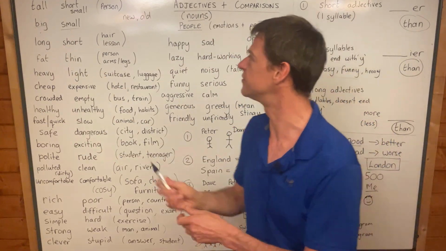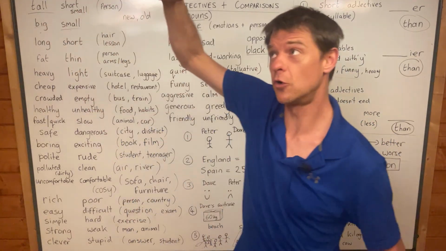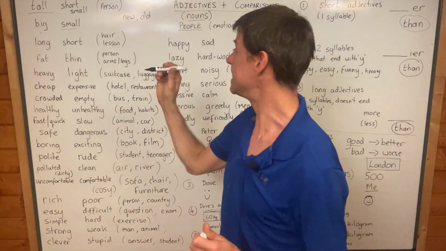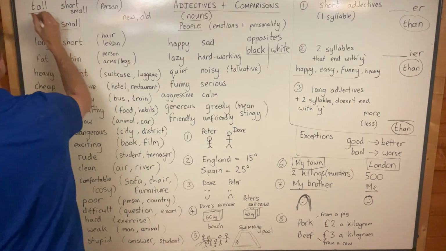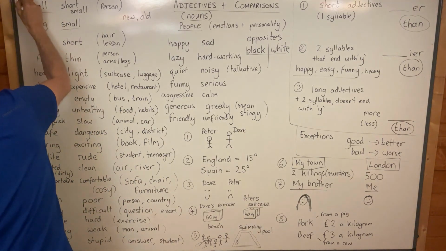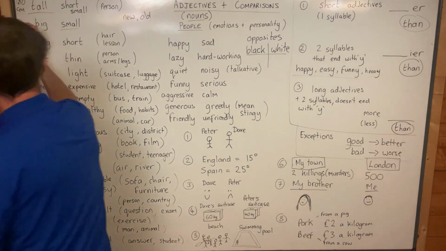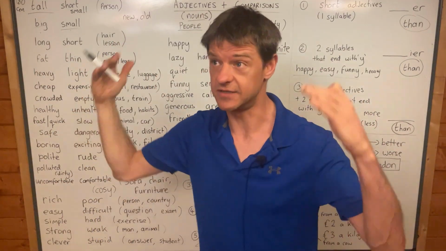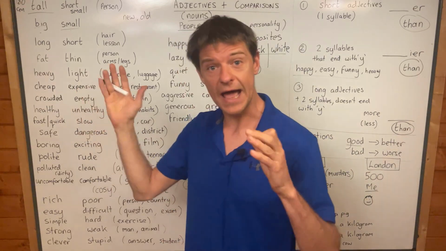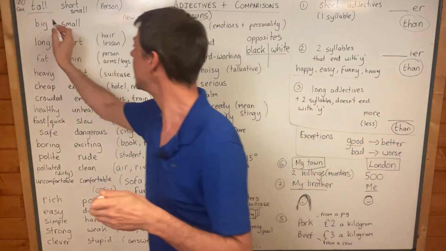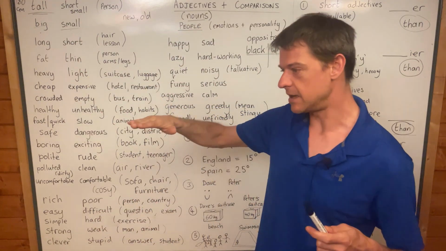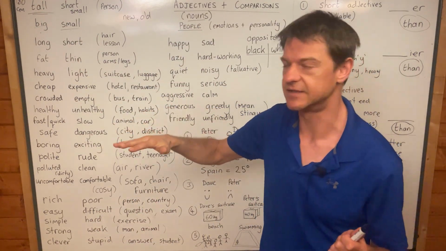Now we can also say tall. Tall is when a person is maybe 180 centimetres. I am 180 centimetres tall, so I am tall. Short or small is maybe 150 centimetres.